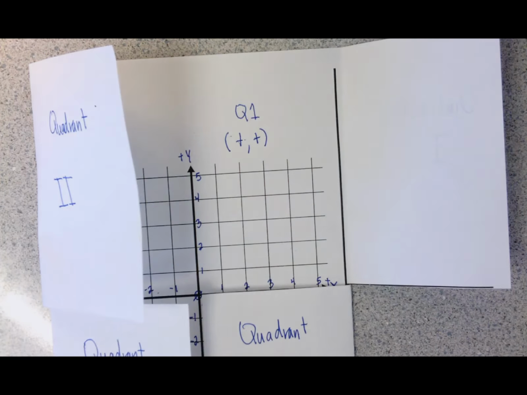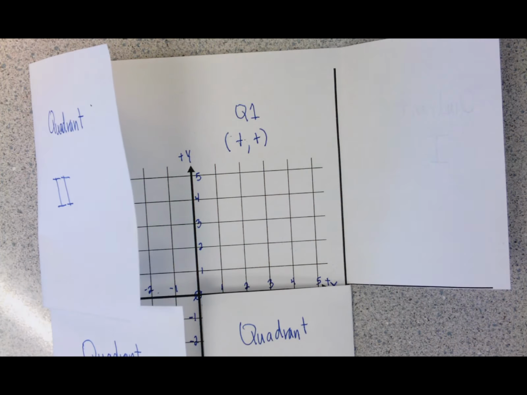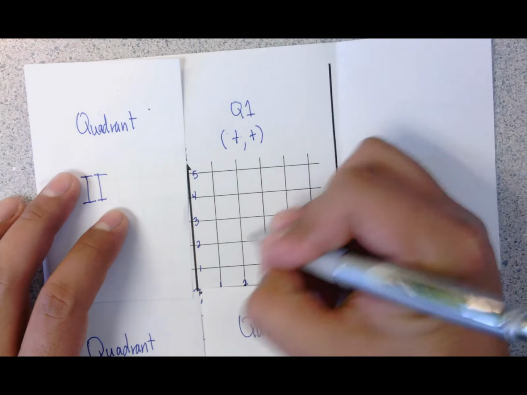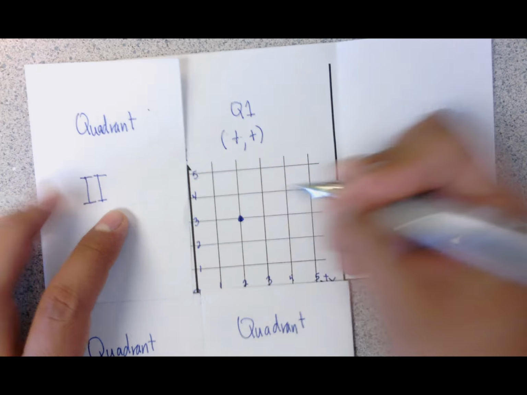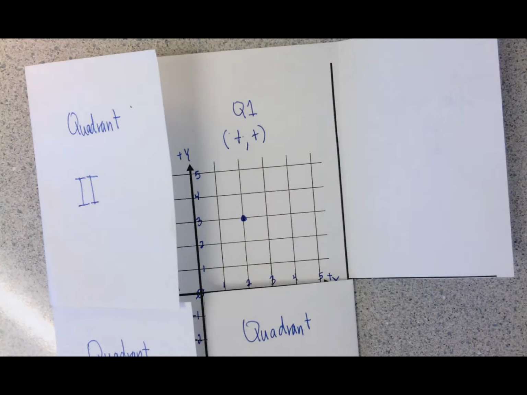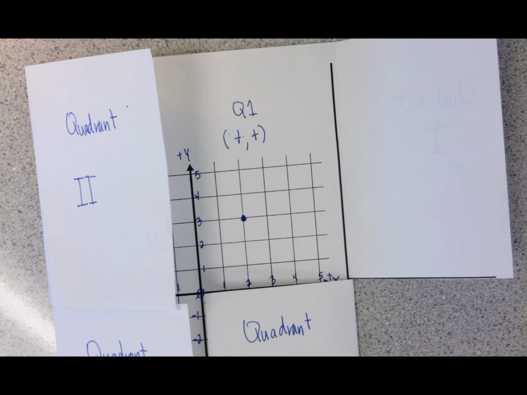So if you see, for example, a dot, what is the ordered pair for the dot that I just gave you? Let's look at this. Eddie, what is it?